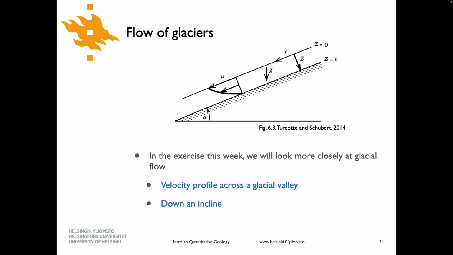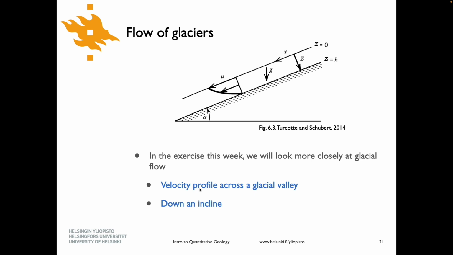Then as you go up toward the surface, you should see increasing velocity following a profile, for instance, something like this. Then you can relate things like how steep the slope is and the forces acting on the ice to figure out how big this velocity would be.